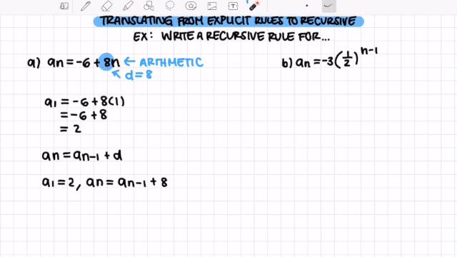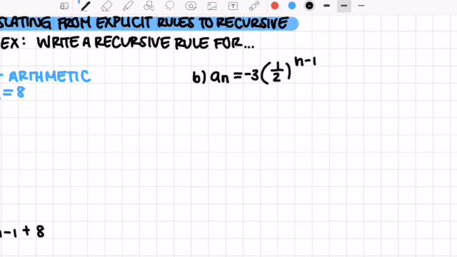You're just getting the given from the first term, and you're also getting the difference, and you're just changing that. Cool. Let's look at the next problem. So the next problem over here, we have an equaling -3 times 1 over 2 to the power of n minus 1. So automatically, I'm assuming that this is the geometric since we have the exponents given to us and the format of geometric series. This also means that we already know that our rate is going to be 1 over 2.